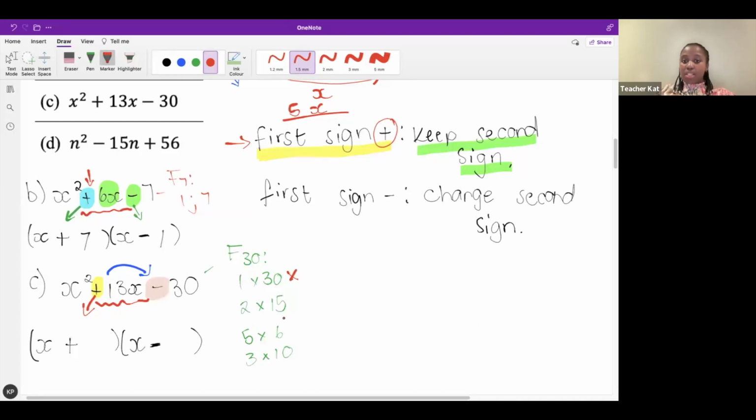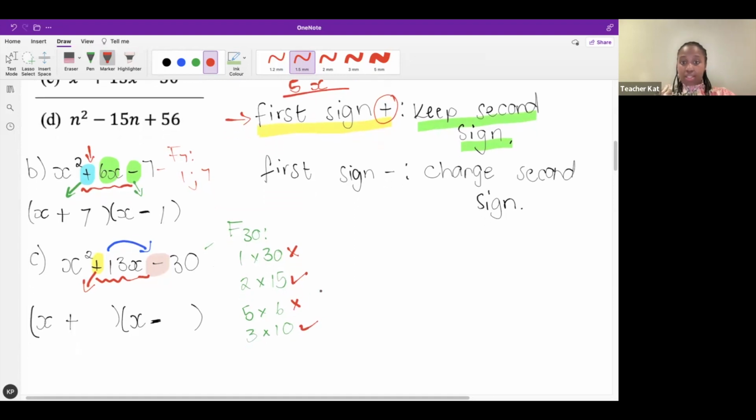Is there a possibility for 2 and 15 to ever give us 13? Yes, so this is a possibility. 5 and 6. No. 3 and 10. Just the possibility in general. Yes, so we have one of two options, right?